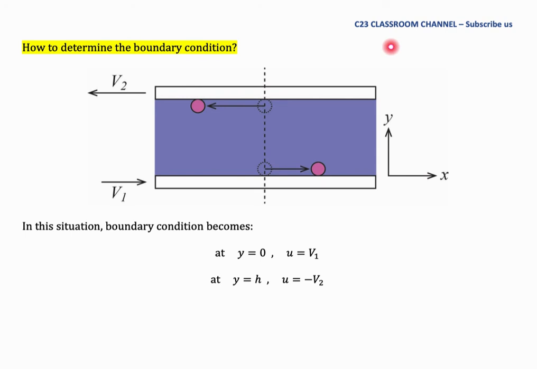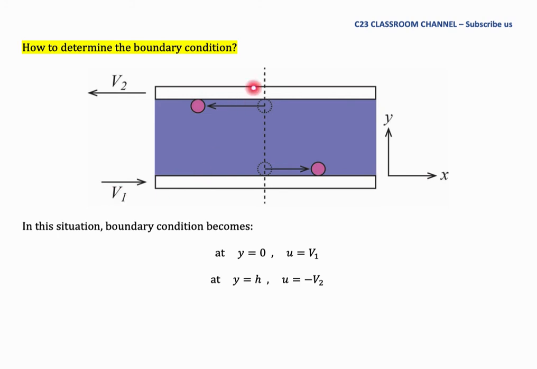How do we determine the boundary condition? Please imagine that we have two plates like this. This is the bottom plate, moving from left to right, and we have a molecule that sticks on this surface. This molecule is not moving relative to the plate because the no-slip condition occurs at this place. However, because the plate is moving with v1, we could say that the molecule here is also moving with the velocity of v1.